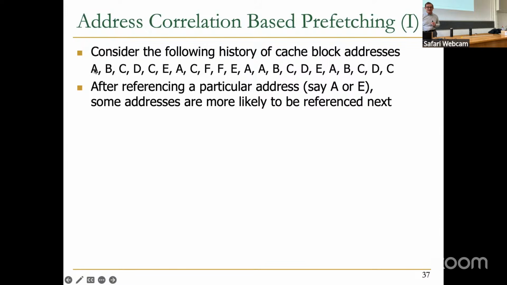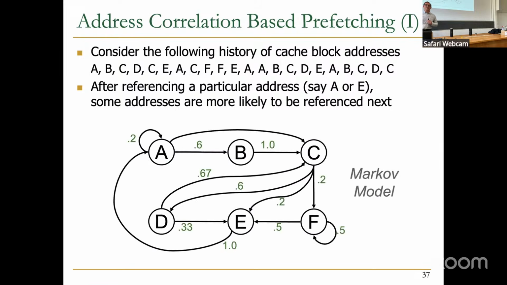You can see after address A, B appears multiple times. Sometimes A appears after A, sometimes C appears. So you can actually develop a Markov model by seeing these addresses. These could be miss addresses, or hit addresses, or all kinds of addresses that you see in a cache. And this is the Markov model, basically.